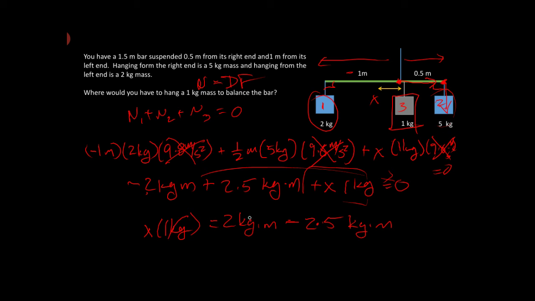Now let's get rid of those kilograms, and if we divide through by 1, everything's easy. So we have x is equal to 2 minus 2.5, which is minus 0.5 meters, which is right in the middle of this bar. So the 1 kilogram thing should be way over here. Number 3 should be hanging there, so that everything balances out.